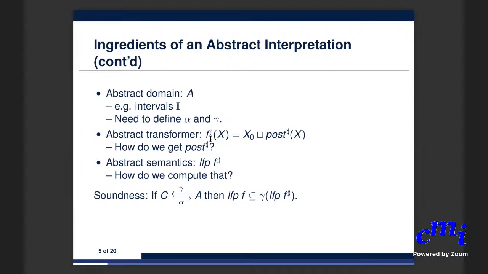X plus 1 requires only to extend the lower and upper bound by 1. So that's a direct way of doing it. And if you look at it, that exactly satisfies the abstract transformer condition.